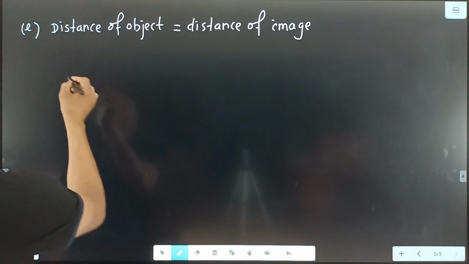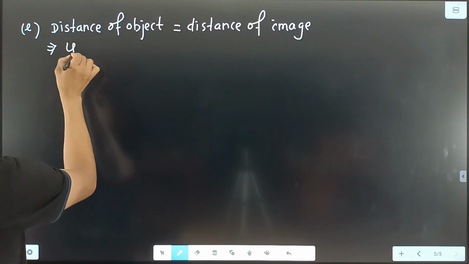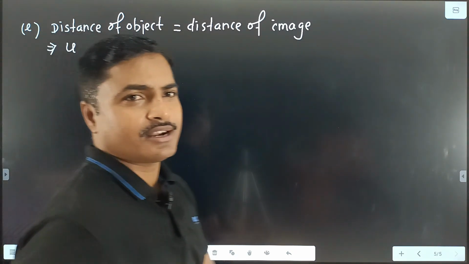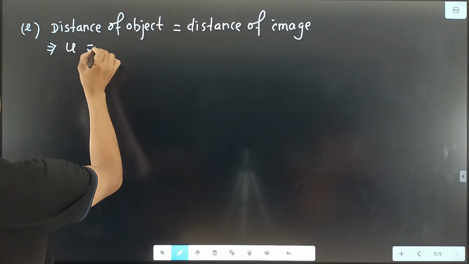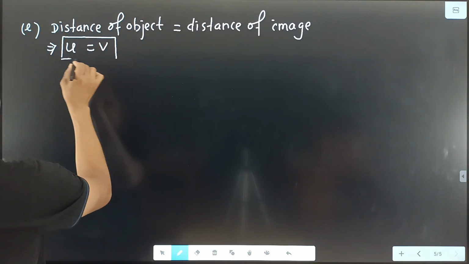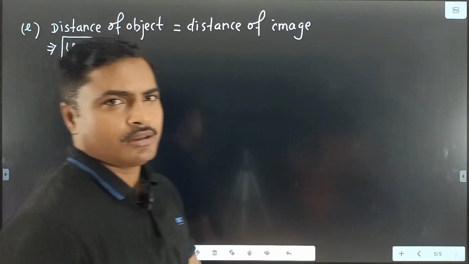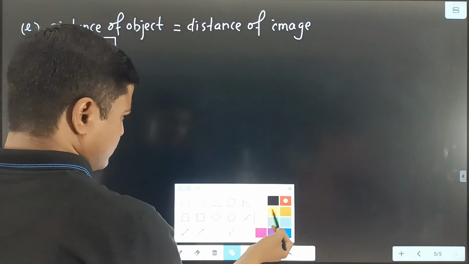And for distance of object, we write the symbol u, always a small u. Similarly, distance of image from the plane mirror, we write that is v. That means u is equal to v, always. And here also the same thing. We will draw a diagram.